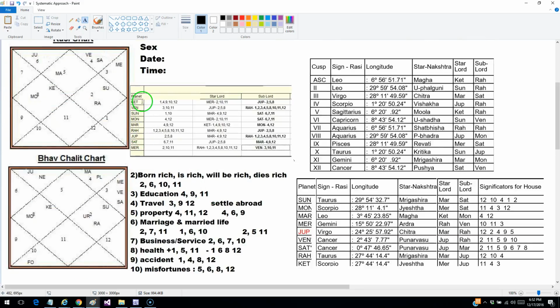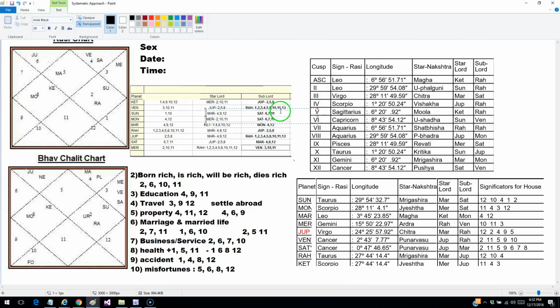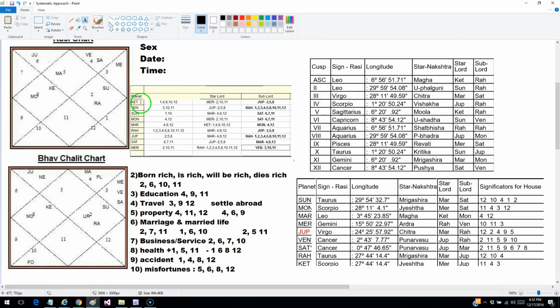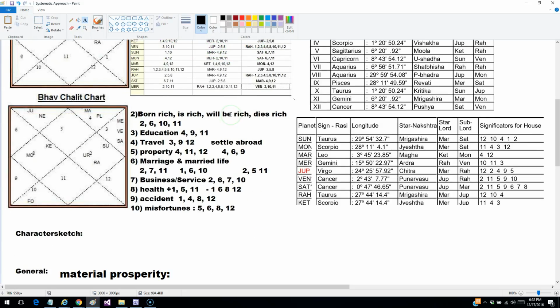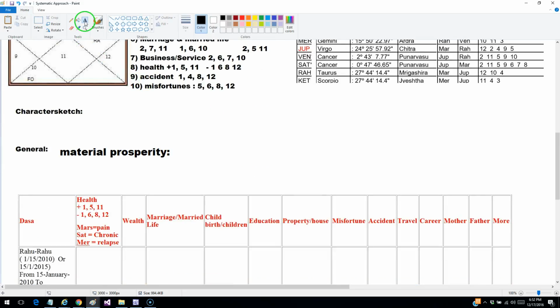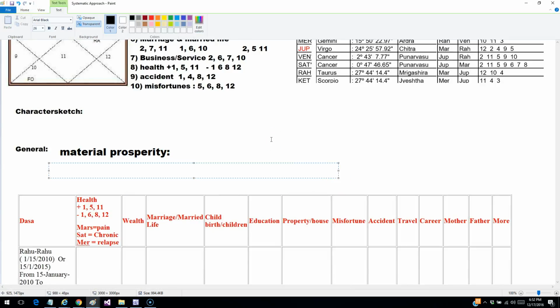So now if you look at the significators, and you find that the majority of the planets are connected with 2, 6, 10, 11, then you can just write a small comment that this person would be well off in life. Okay, that's your personal comment for you to analyze.